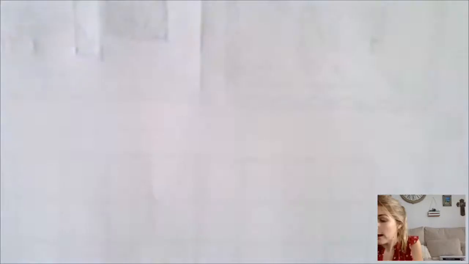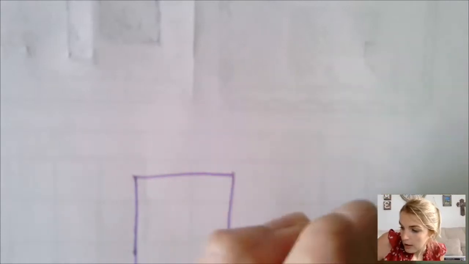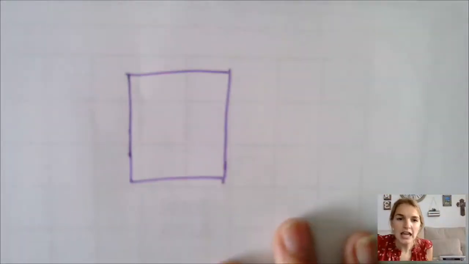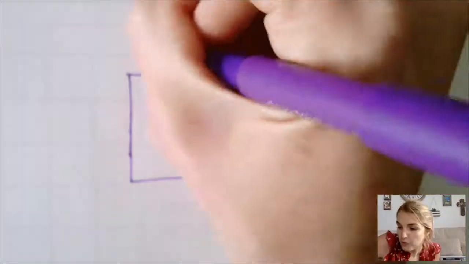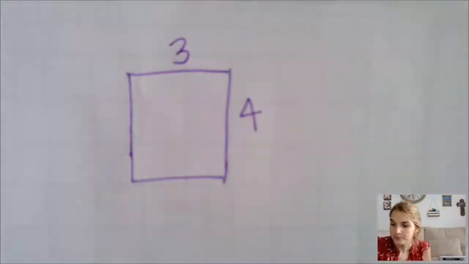So I'm going to show you a situation where I might use this. Let's say I am making an animal castle for Leo. And I'm going to make him a little playpen here. I'm going to say that this is 3 feet and this is 4 feet.